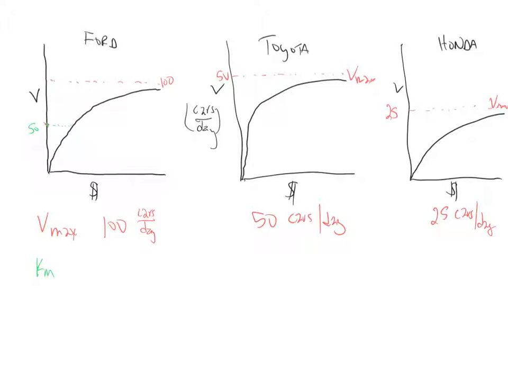You go over to where it hits the function, if you think back to calculus, and you go down. So that is the Km. And I'm making this number up. Obviously, I didn't put units on the number line on this one. But let's say that for Ford, that was, let me redo it, I'll say $20.